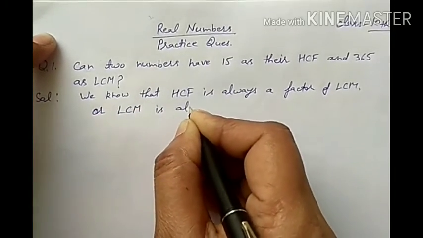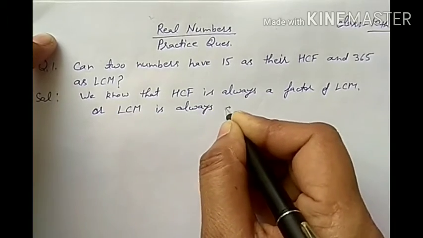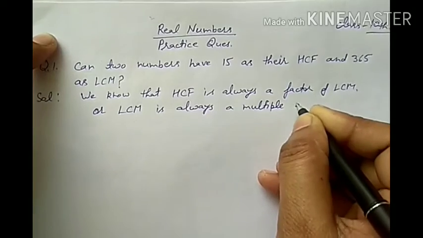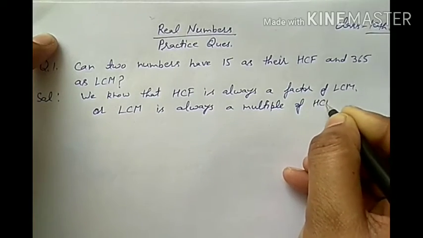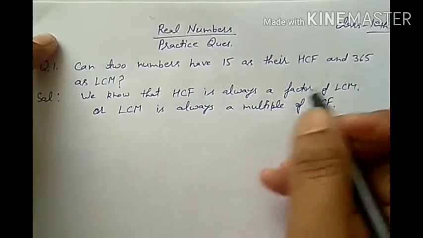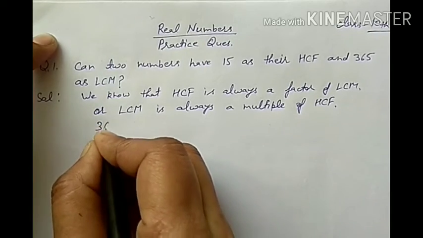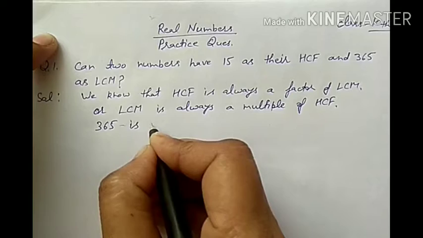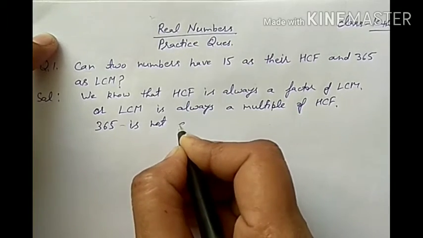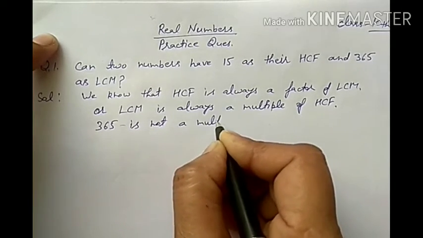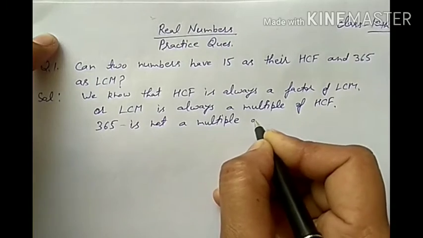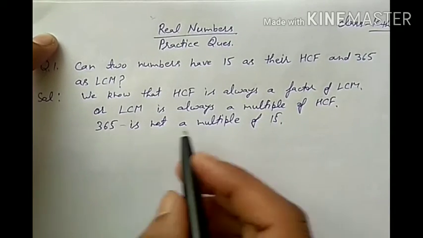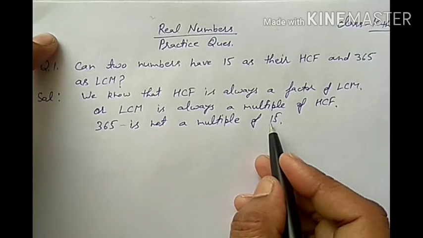But here 365 is not a multiple of 15, because 365 is not completely divisible by 15.